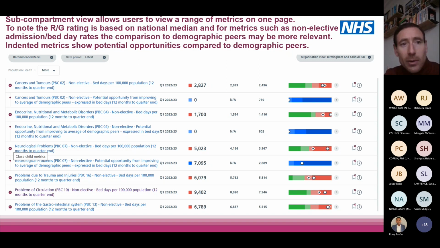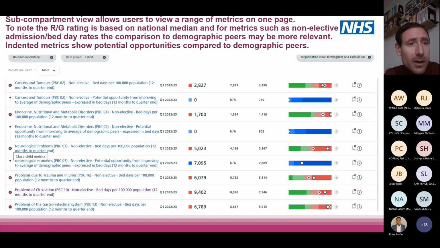So these are built up from sub-ICB level, where the sub-ICB is different to the ICB, which in this case it isn't. And so the opportunity shown here is if the system reduces its rate of non-elective bed days to the average of its 10 most similar demographic peers. That's at the sub-ICB level.